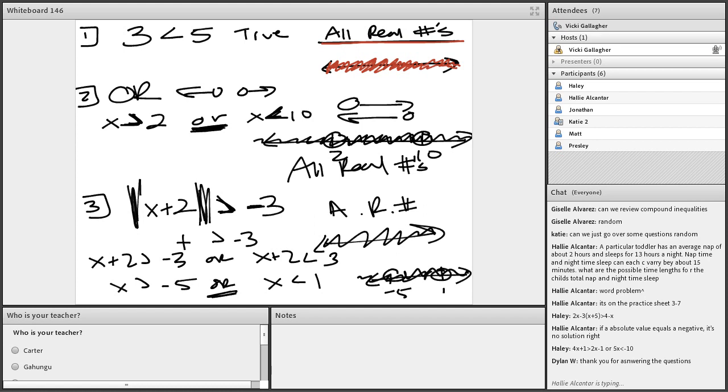So these are the 3 scenarios for a special case of all real numbers. And again, if you wrote down all real numbers on an answer line, make sure that you're also shading the entire number line. So the graph should match what you said was the final answer.